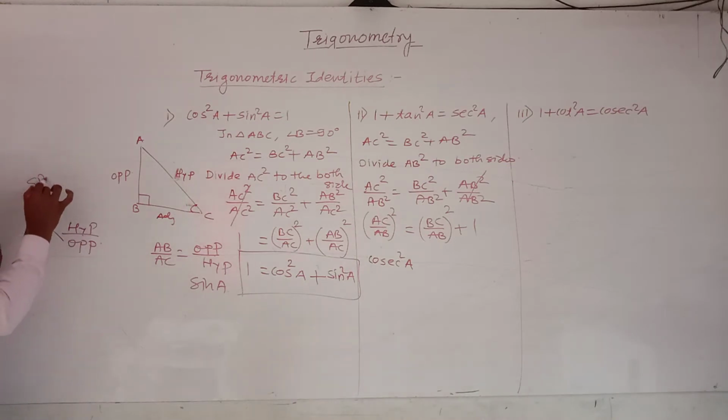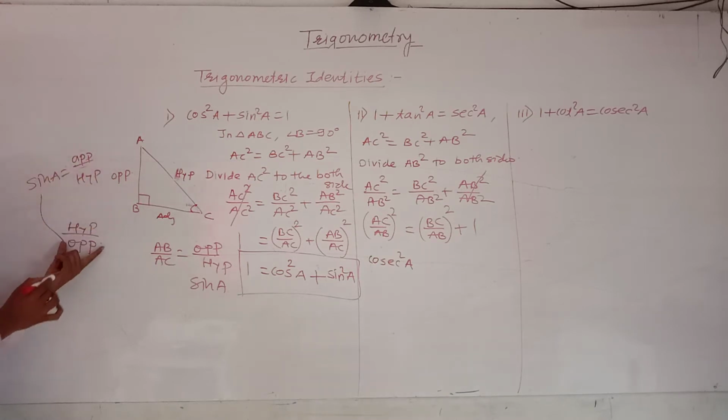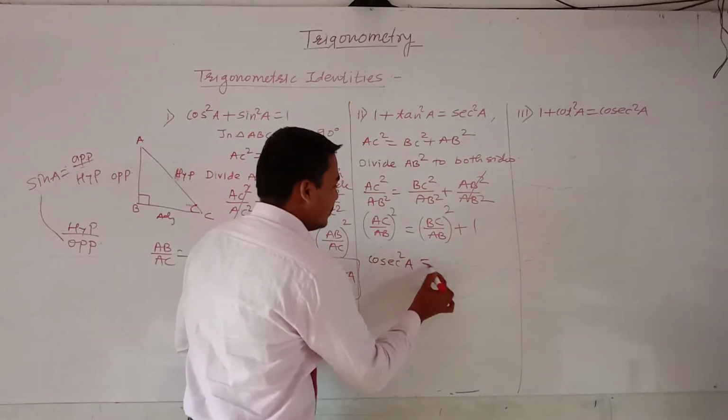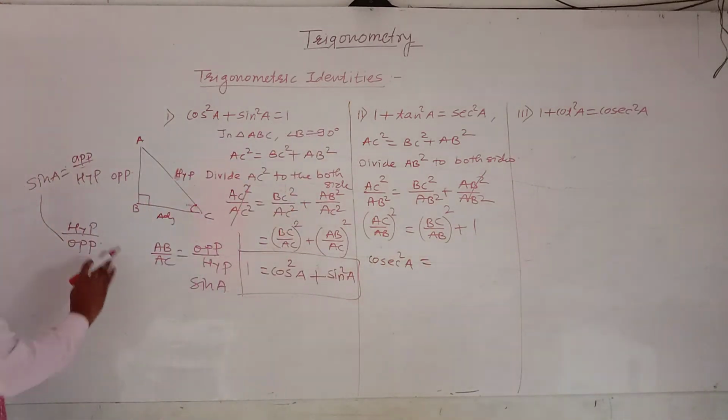Because sine A is opposite upon hypotenuse, and cosec is the reverse of sine, so opposite goes down and hypotenuse comes up, so cosec square A. Now BC by AB I want to calculate.